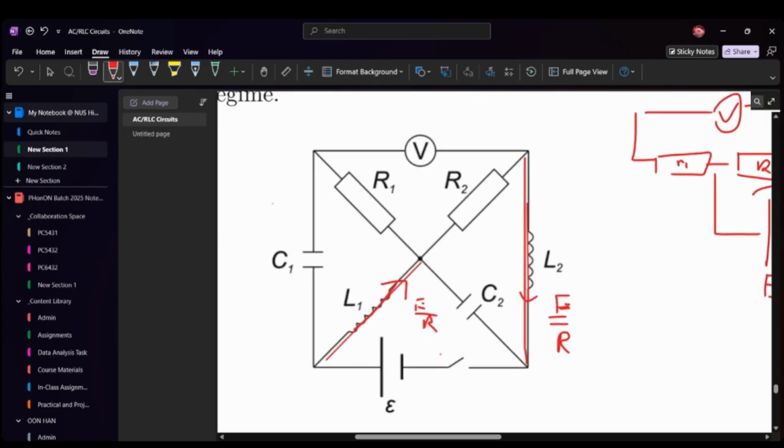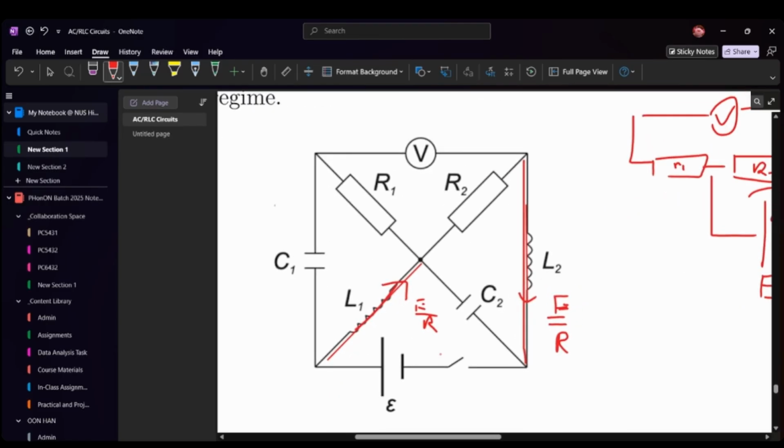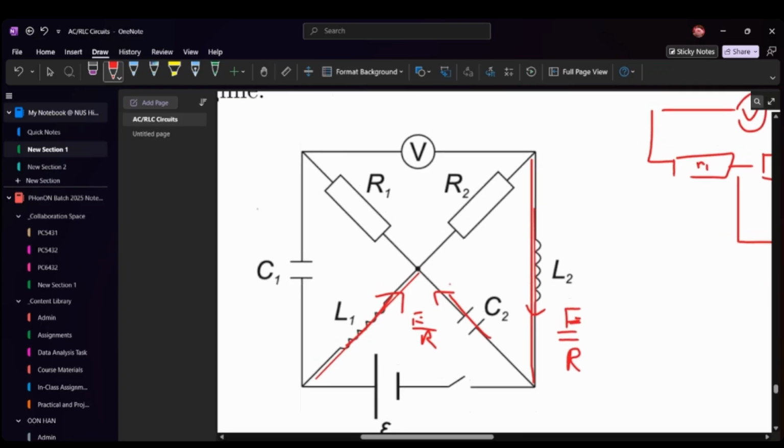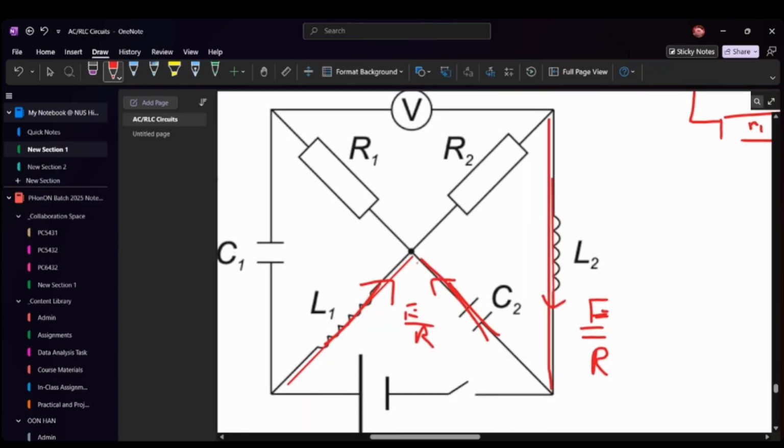What we're using is that the current through the inductors is going to be the same right after. So using this, we can calculate the voltage drops through the resistors initially. Because these capacitors are going to basically act as closed initially, these currents are going to flow like this.